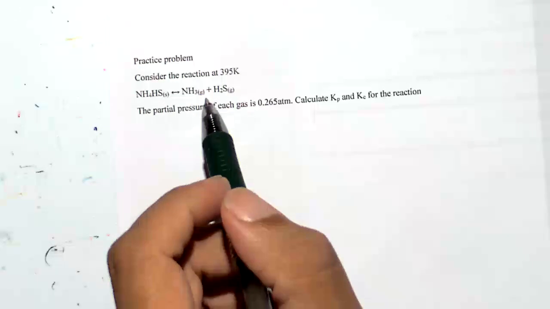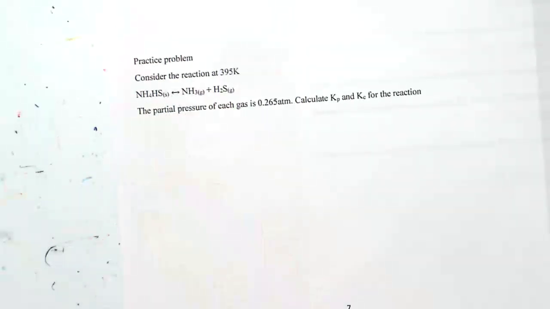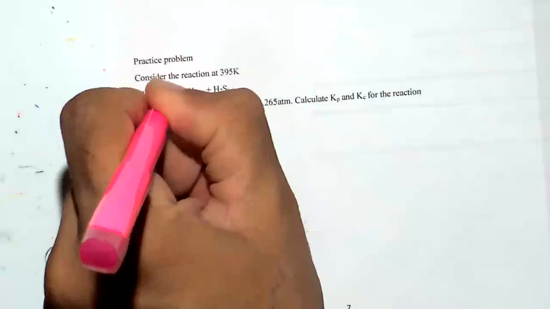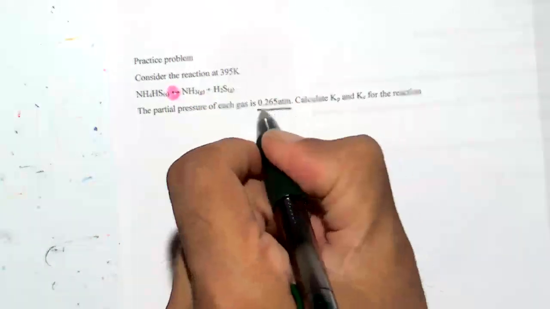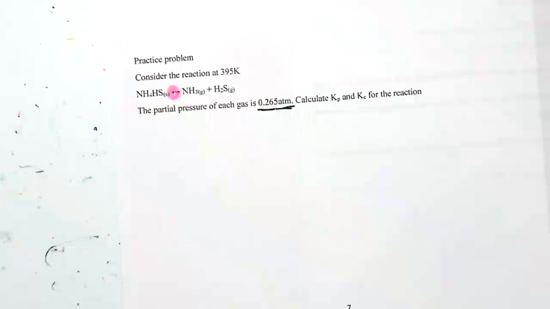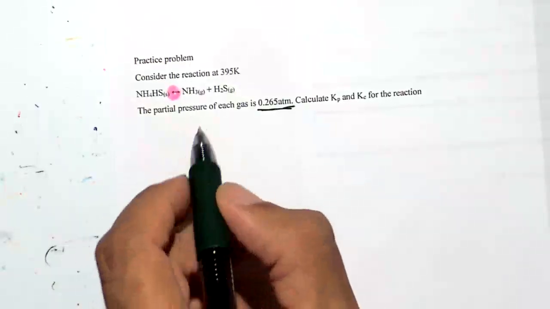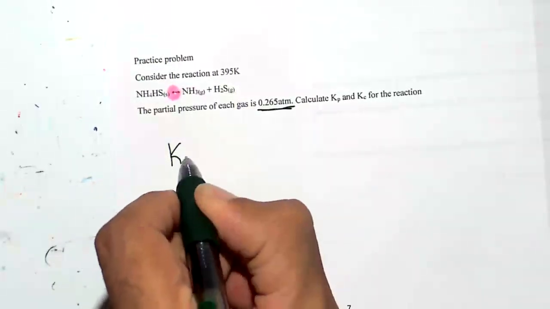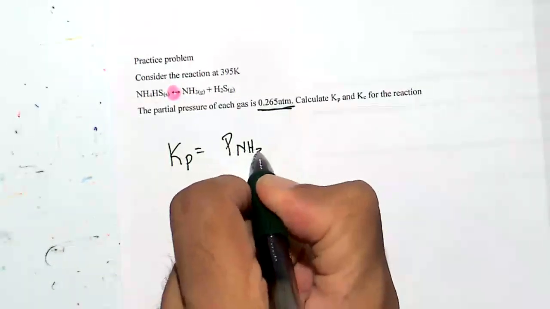All right, consider the reaction at 395 Kelvin. NH4HS solid goes to NH3 plus H2S gas. Is this reaction at equilibrium? Yes. Partial pressure in ATMs is 0.265. Calculate Kp and Kc for the reaction. Let's first calculate Kp here. The P stands for pressure. It's going to be the pressure of NH3 raised to what power?